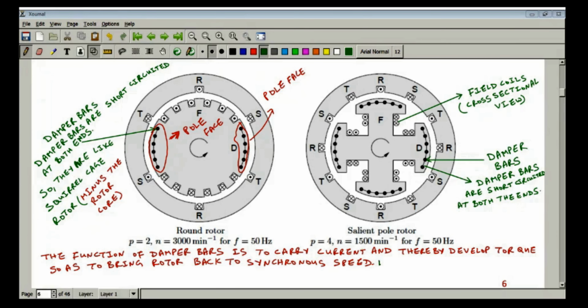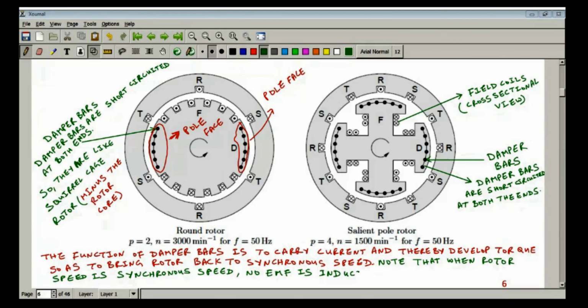Note that when the rotor speed is synchronous speed, no EMF is induced in the rotor, in the damper bars.